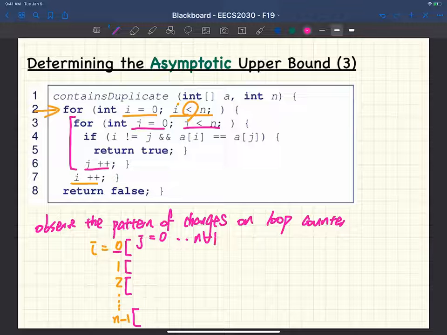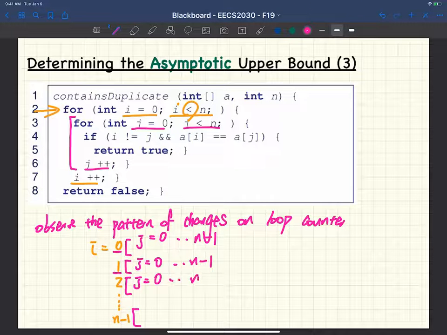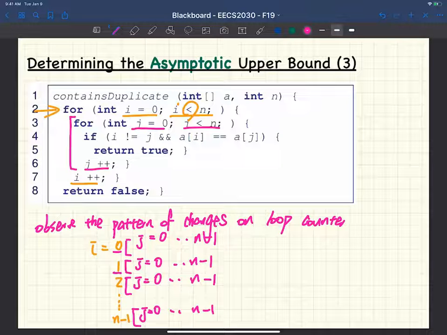And also, when i is equal to 1, j will be from 0 until n minus 1. Similarly, j will just be 0 until n minus 1. Somehow the value of j does not depend on i. But we will see some example where it does depend. It'll be a little more complicated, but that's okay.